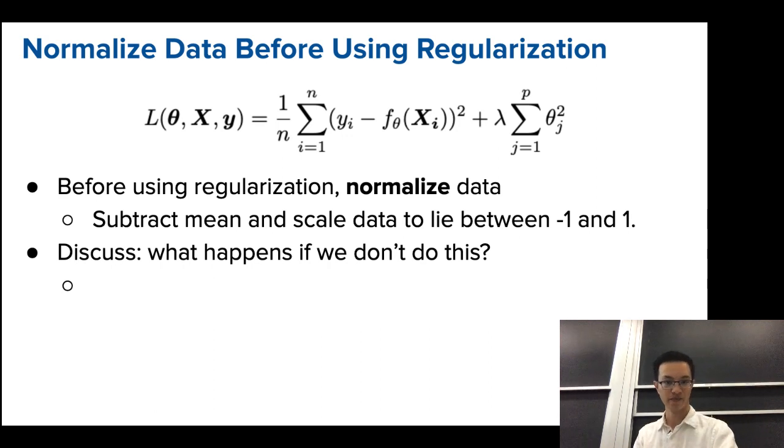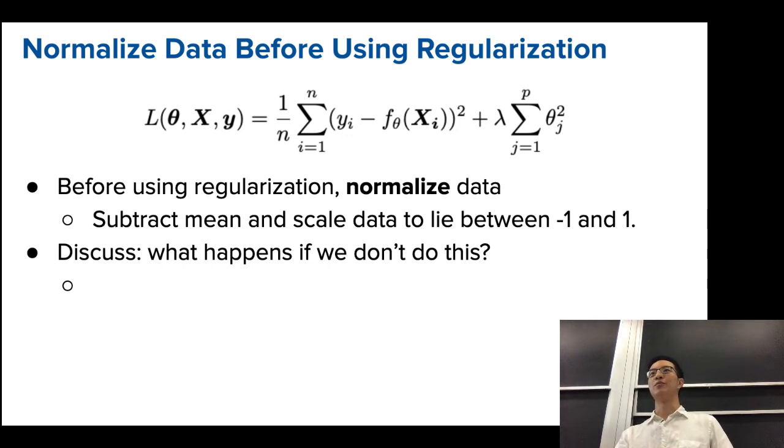All right. The intuitive reason why we normalize our data is because our data columns can have very different magnitudes.